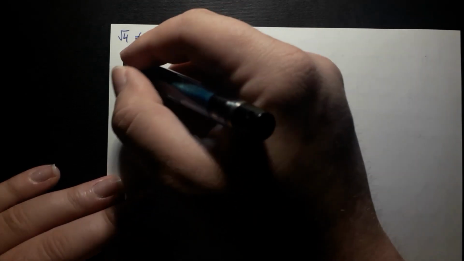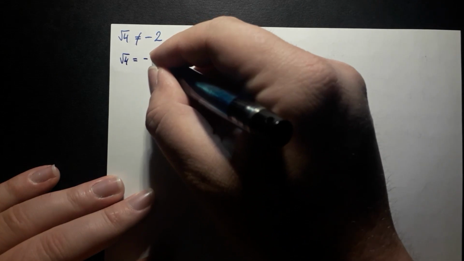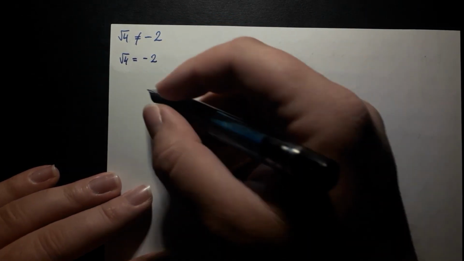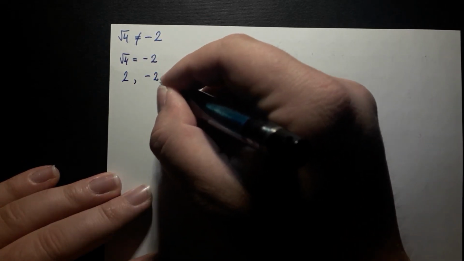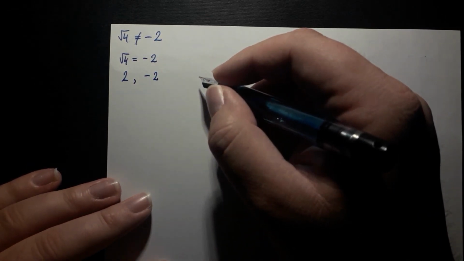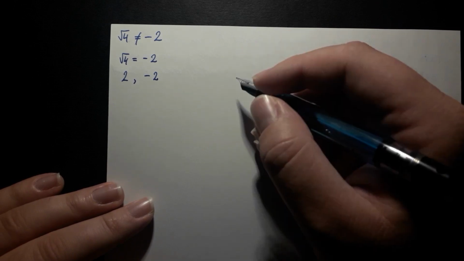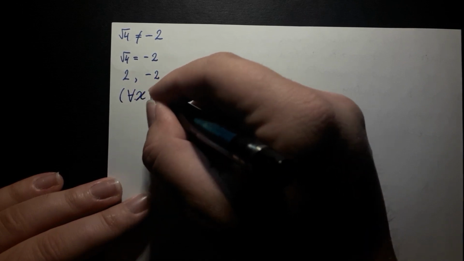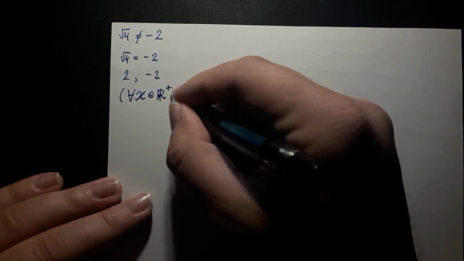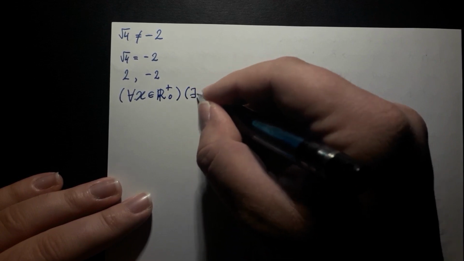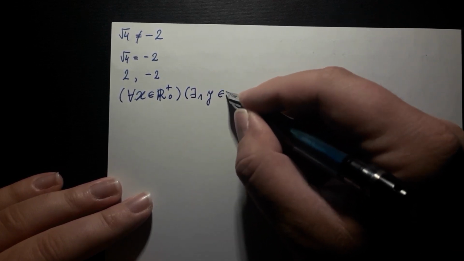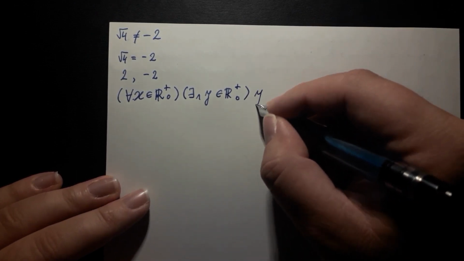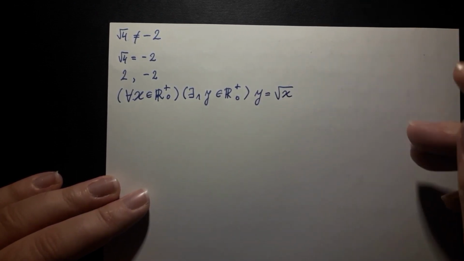If the statement square root of x is equal to negative 2 was correct, we would have two values, 2 and negative 2, as the result of the function for the value 4, which is a contradiction with our definition that for every x from the set of non-negative real numbers, there exists exactly one y from the set of non-negative real numbers, which includes 0, such that y is equal to the square root of x.